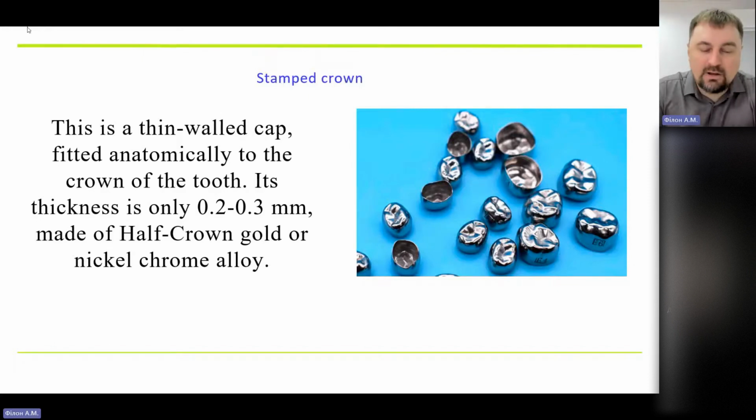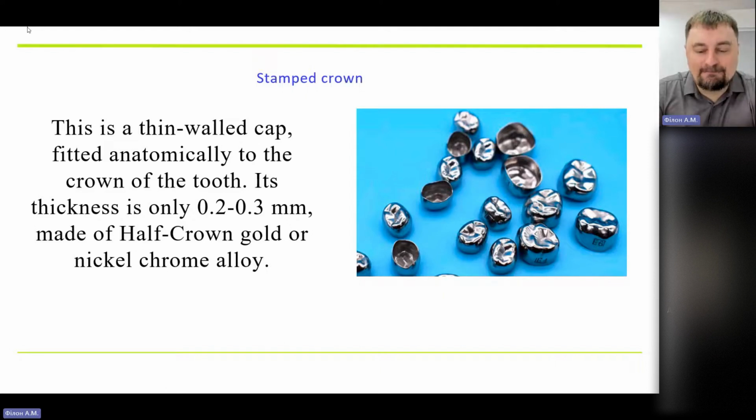If we're going to talk about these nickel chrome stamped crowns, well, they have a lot of bad things, more than good things.